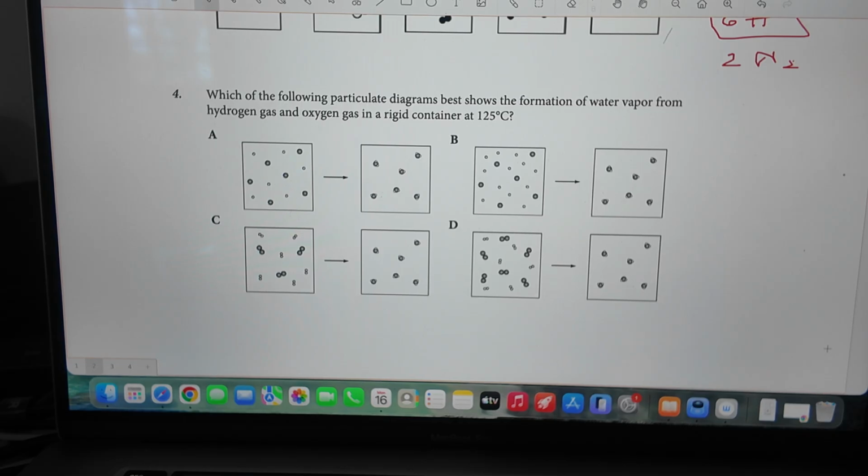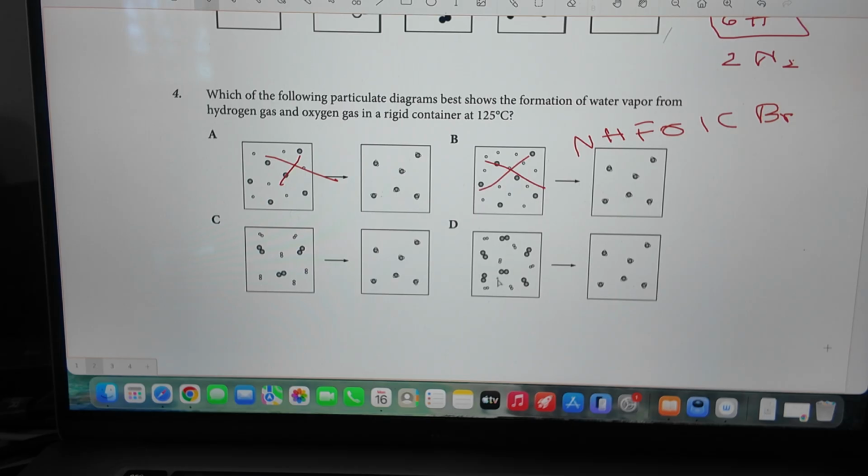Off the bat, I know the diatomic molecules: never have a fear of ice cold beer, right? And so these things exist in pairs. So it couldn't be this because nothing here is a pair. It couldn't be this, nothing here is a pair. And so it could be either of these.